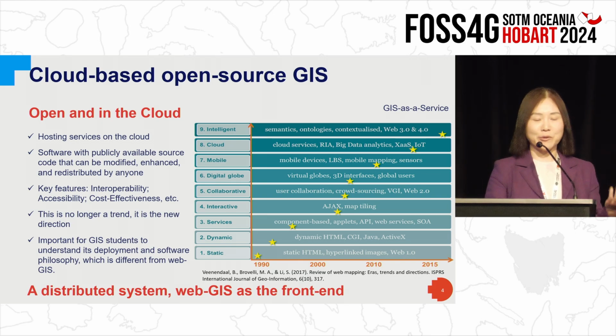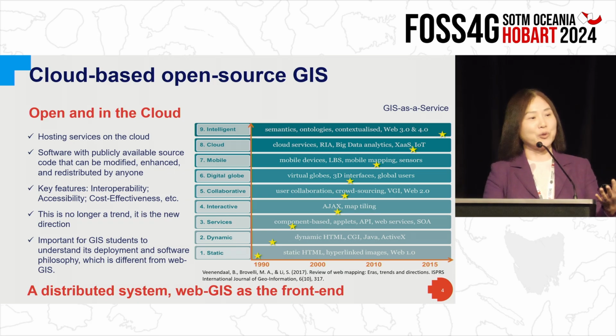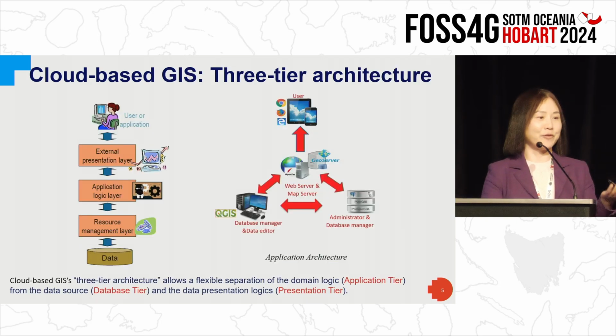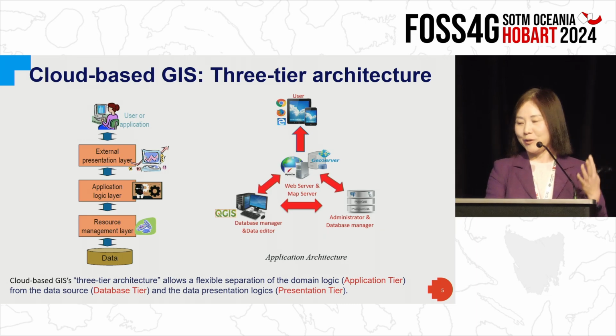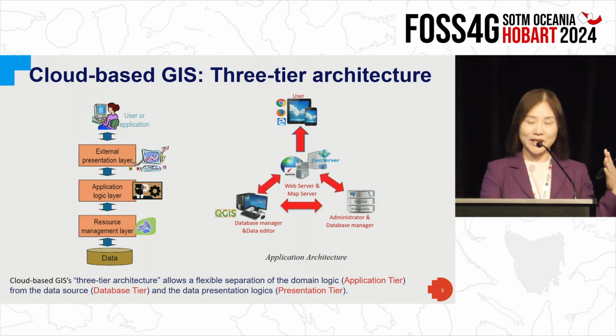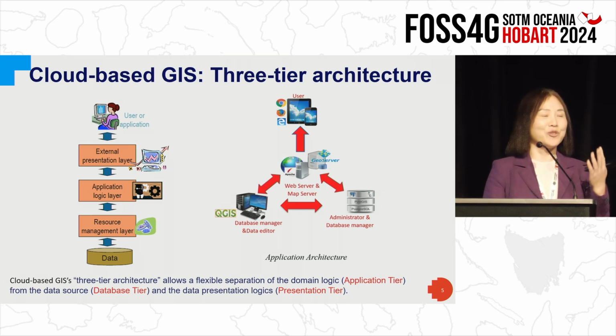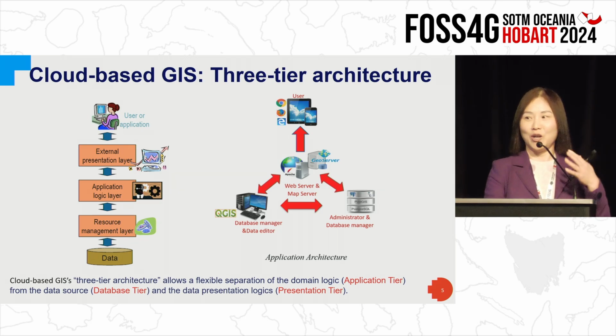Right, so in teaching, how can we engage a lot of theories, concepts, and a lot of tools, like tools developed by QGIS, by TerraJS, into a student's learning? So we use this framework to conceptually separate a project into different layers. We call it three-tier architecture. Not sure how many of you are from a computer science background.